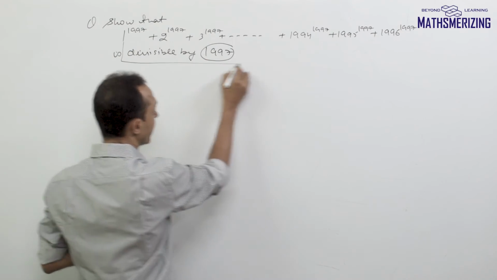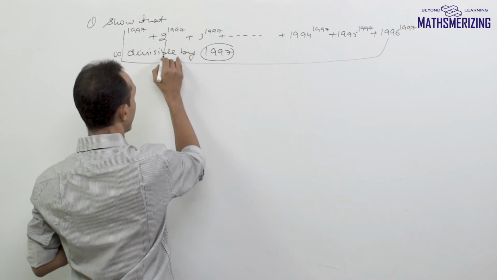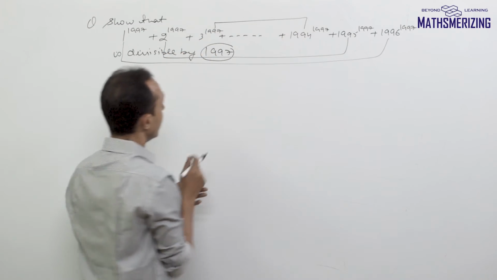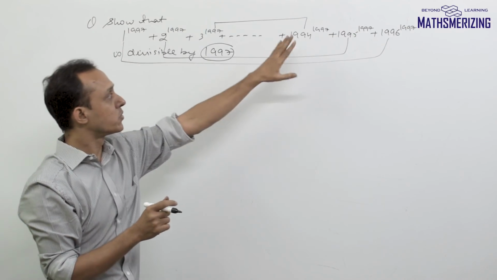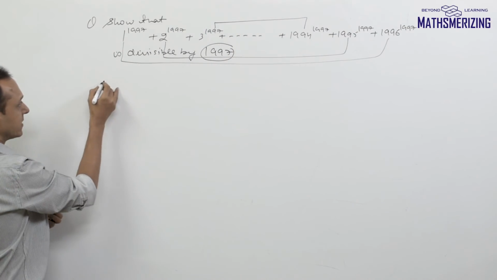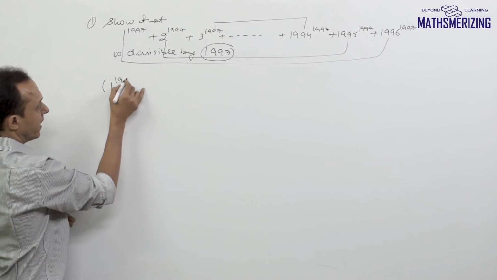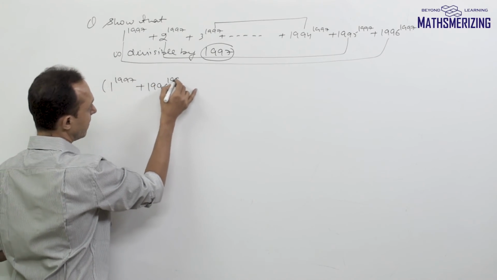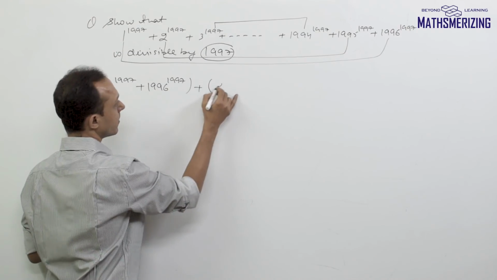I'll pair the first one with the last one, second one with the second last, third one with the third last, and because there are an even number of terms, each and every number will be paired with some other number.